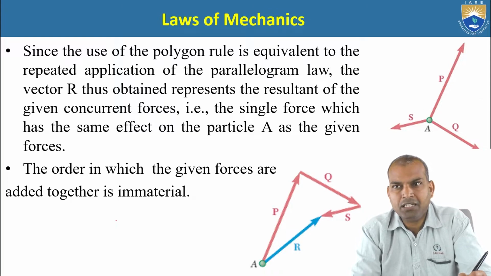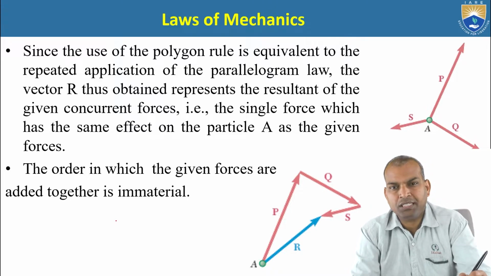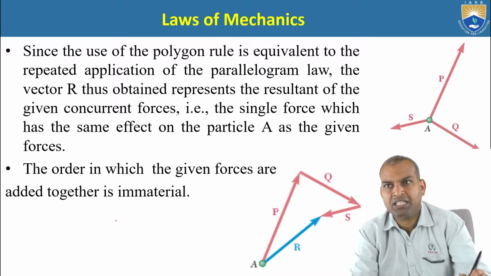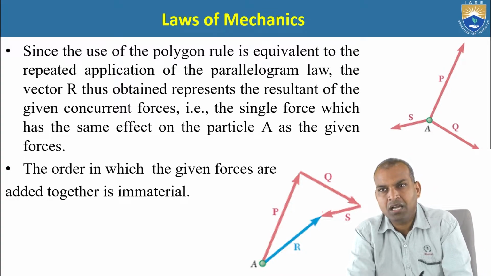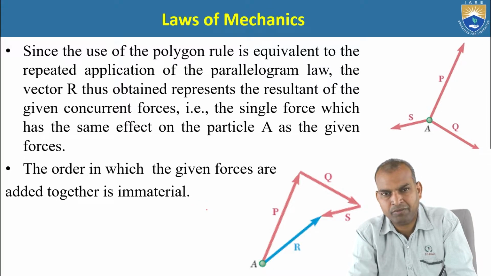But what is the order we have to follow? In this case we began with P, Q and S. The order of following the forces is immaterial. We can follow any order. You can take first S, and S is joined with Q, and Q is joined with P. Any arbitrary order, no problem.